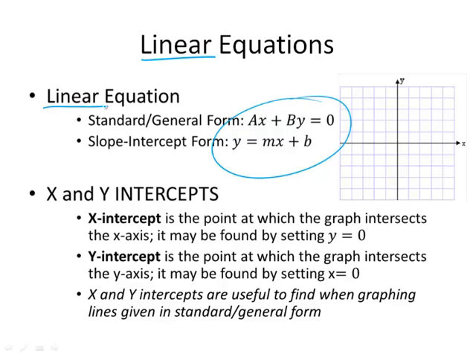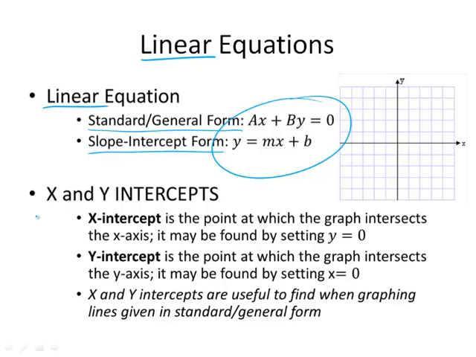They were linear. The other ones were not. They were curvy. So you usually have a linear equation given in one of the two following forms, either standard or general form, or slope-intercept form. We will soon find out why it's called that way in the upcoming lessons.